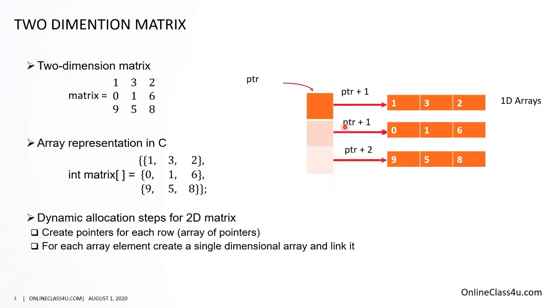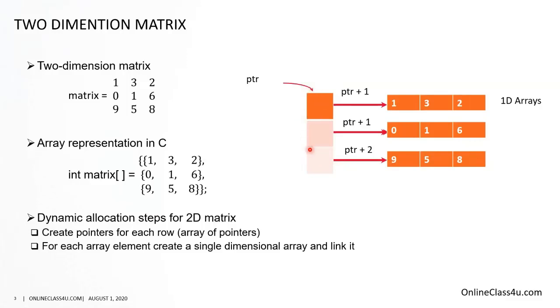And there is another array of pointers where every element of the array is pointing to an individual array. So how to implement this? First, we need to create an array of pointers, for each row. For this row, 1 element. For this row, 1 element. For this row, 1 element. This is the first step.